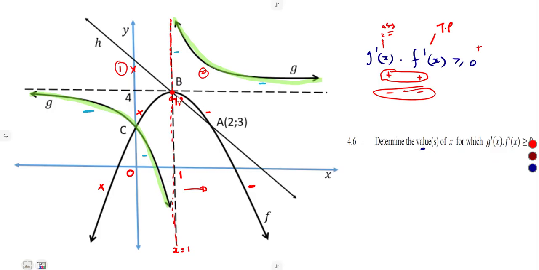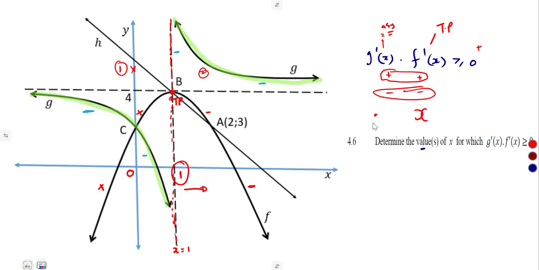We can see that the first derivative of f is negative and of g is negative. This is the region that we want because negative times negative is going to give us a positive. So you're talking about values from the turning point, the asymptote as well, where x is 1.